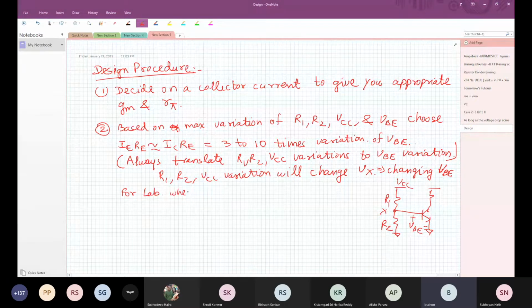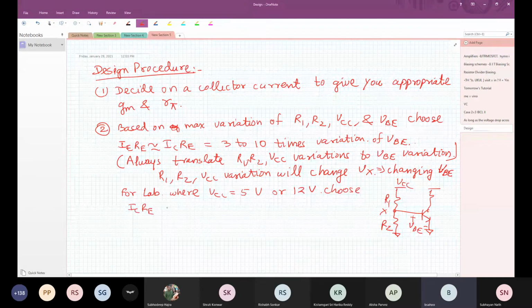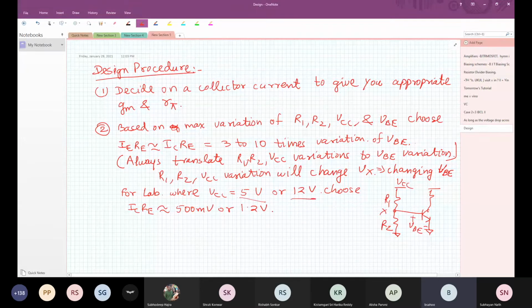Now for your lab, where VCC equals 5 volts or 12 volts, choose ICRE of roughly, I would choose 500 millivolts or 1.2 volts. Because this voltage is very high, you do not follow this criteria. For the lab, do this: if it is 5 volts, choose ICRE equal to 500 millivolts. If it is 12 volts, you choose 10% of that.